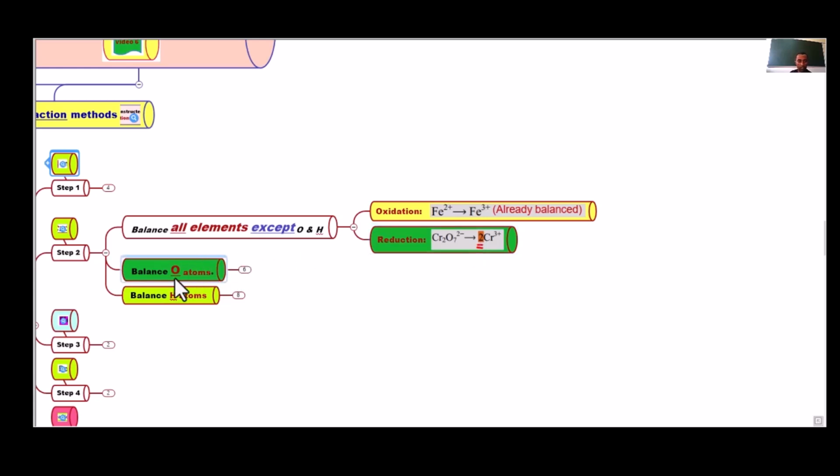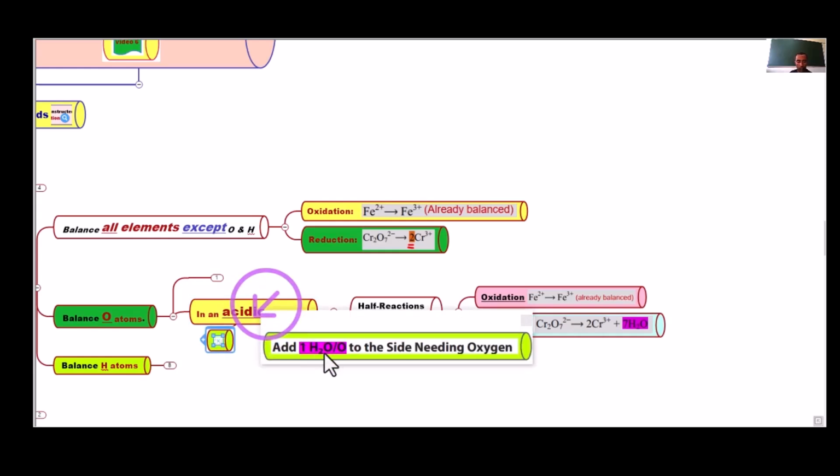Then balance oxygen. In basic media, to balance oxygen, you add 2 hydroxide ions for every oxygen needed on the oxygen deficient side, and add 1 mole of water for each oxygen on the opposite side. But this is for you. In acidic media, to balance oxygen, add 1 mole of water for 1 oxygen atom to the side needing oxygen.